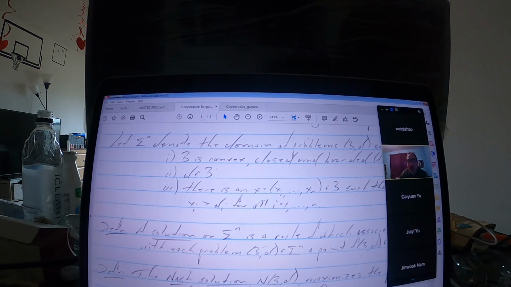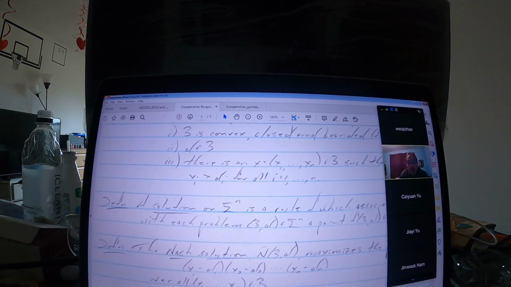Here, a solution will make a precise recommendation for how this situation should be resolved, or how the bargaining should be resolved. Okay, and so this is sort of a rule. You could think of this as, for example, a mediator's rule. That if these parties come to the mediator, then this is the rule that specifies the outcome that the mediator recommends to the parties. Okay.